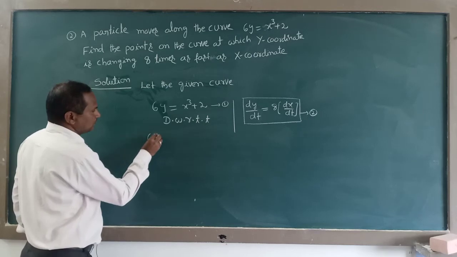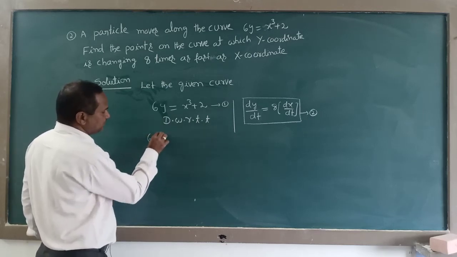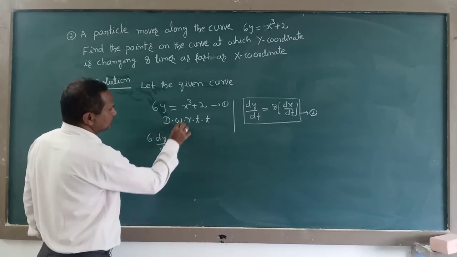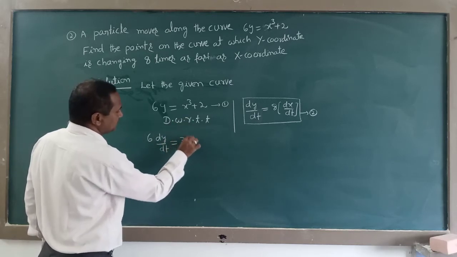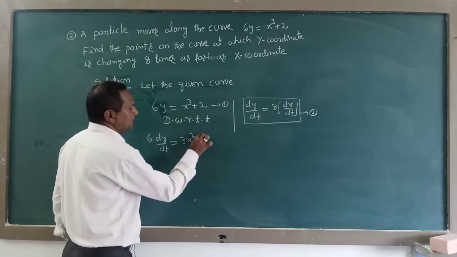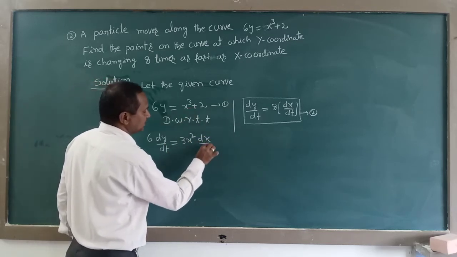6 into differentiation of y with respect to t, dy by dt, is equal to d by dt of x cube, which is 3x square, and again differentiation with respect to t can be written as dx by dt.